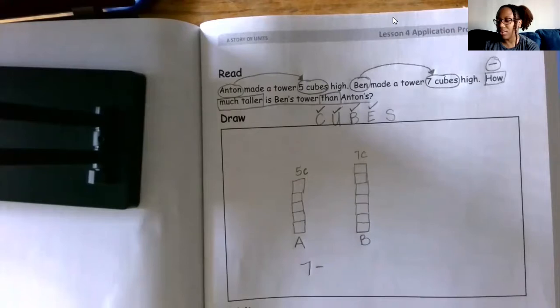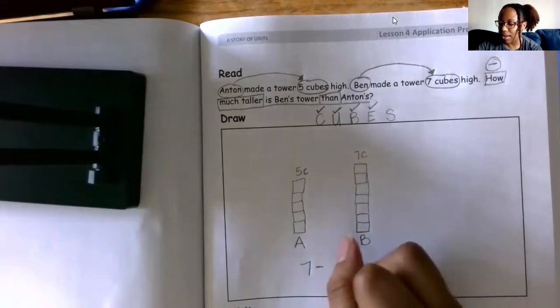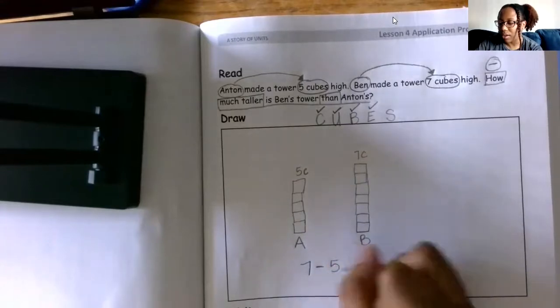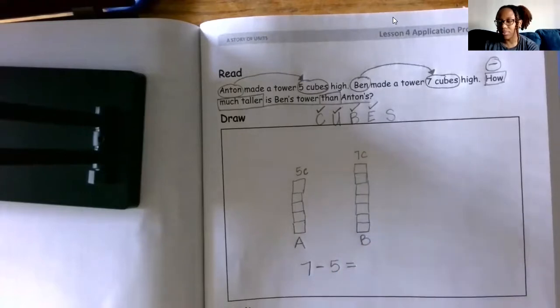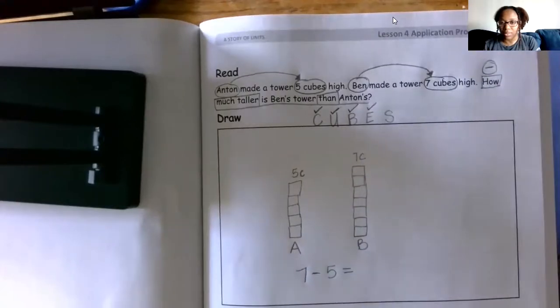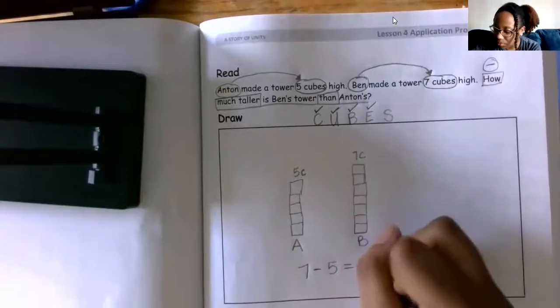And now I need to write how tall Anton's tower is. And it's 5 cubes high, so 7 minus 5. That is equal to, what is that equal to? So I subtract, and it's 2.